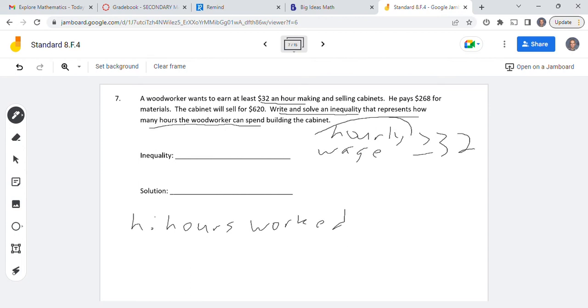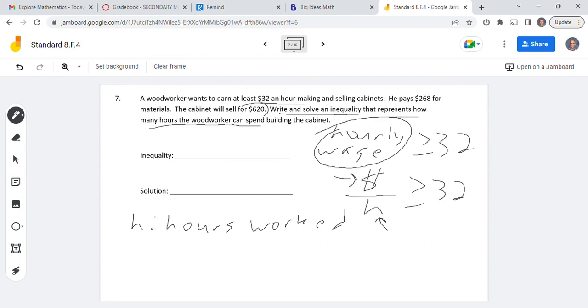Now this right here gives us something to work with. How do we calculate an hourly wage? Well, in order to calculate that, we're going to take the amount of money that we earn and divide it by the number of hours. That's dollars per hour. We want that to be greater than or equal to 32. Now h, hours, that's our variable right there. The money that we earn is given by a couple of numbers here.